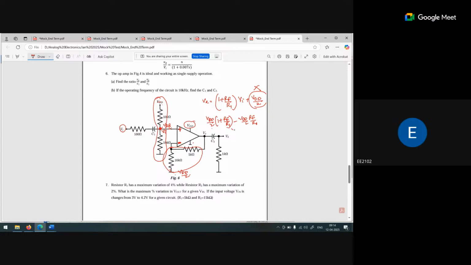So this RF by R1 will be cancelled out, so what remains is VDD by 2. So if I add VDD by 2 at this point and VDD by 2 at this point, automatically this VDD by 2 term will be added. So we don't need to add this thing. Clear?